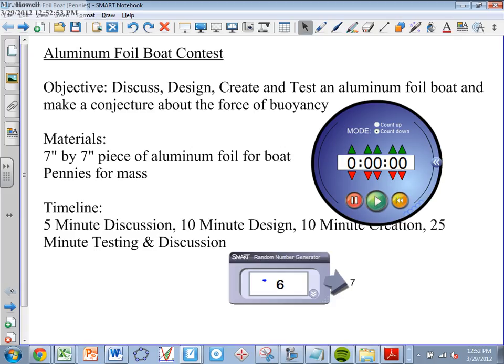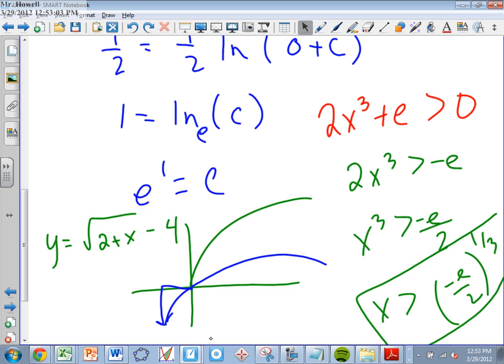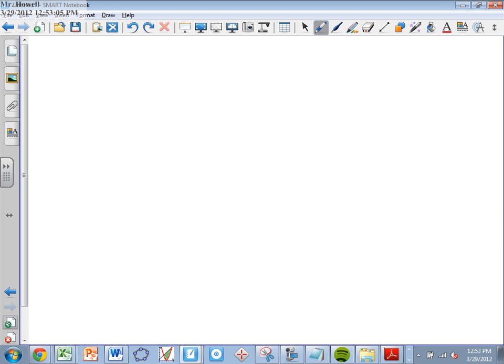The whole idea was that if you want to hold the most pennies, you want to make it a shape like a boat so that it's got a lot of buoyant force. The formula for buoyant force, which many of you know in physics, is the density times the volume times the gravitational constant. The density of tinfoil is the same. The density of the water is the same.